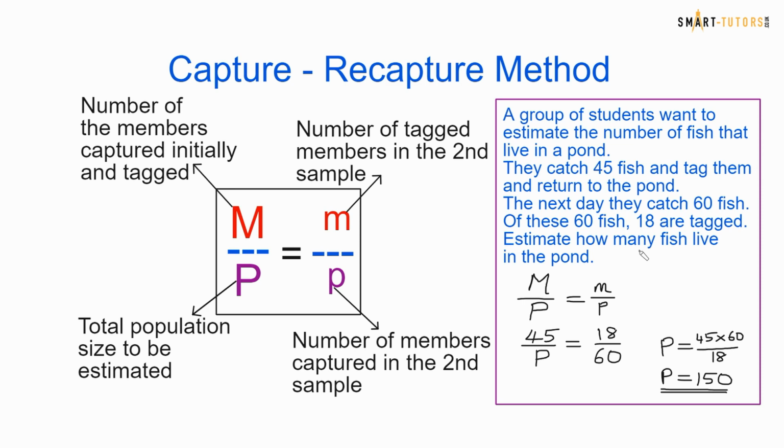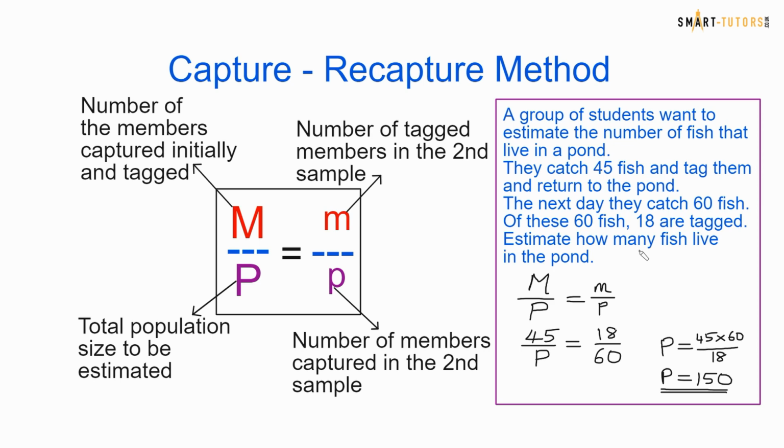On the right hand side, small m is the number of tagged members in the second sample, and at the bottom is small p, the number of members captured in the second sample. So the total number of members in the second sample is small p, of which the tagged ones are small m.